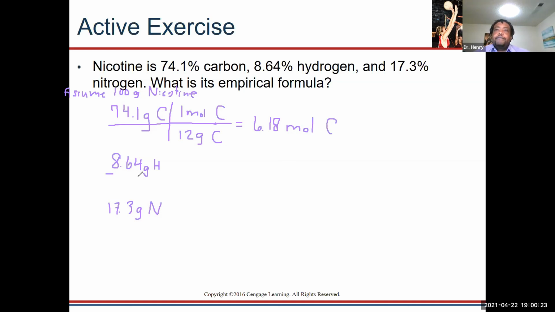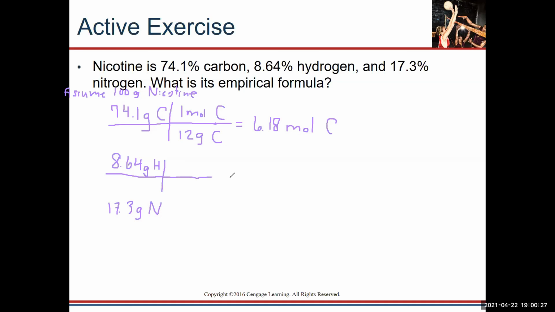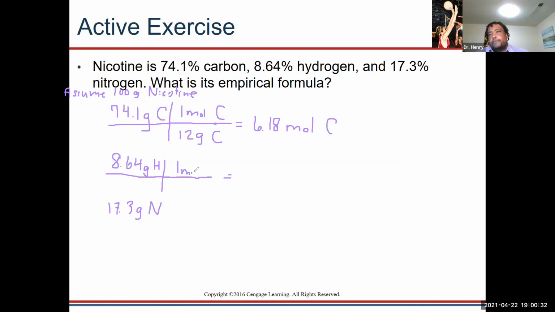Okay, the next one. It's just going to be 8.64 moles of hydrogen again, because 1 mole of hydrogen weighs 1 gram. Yes.